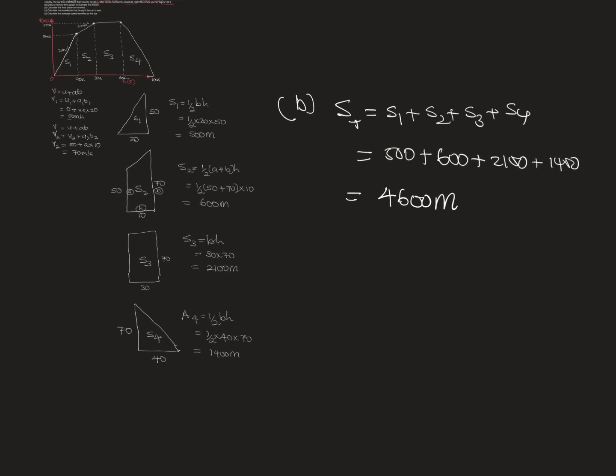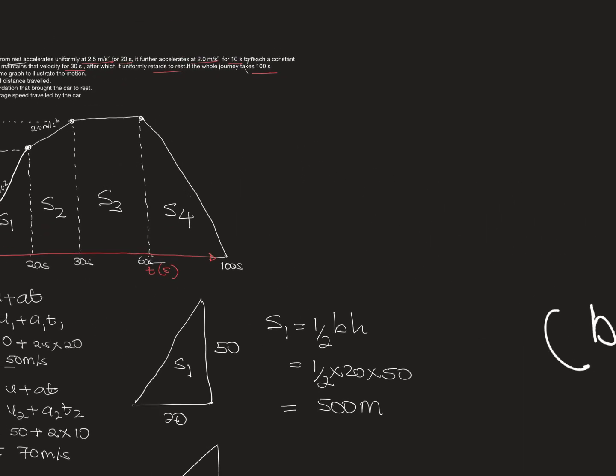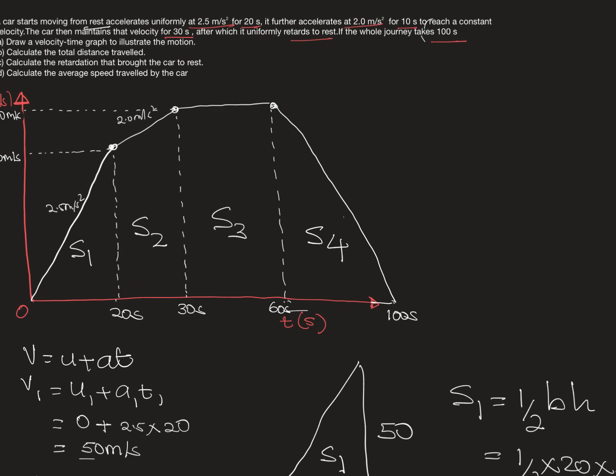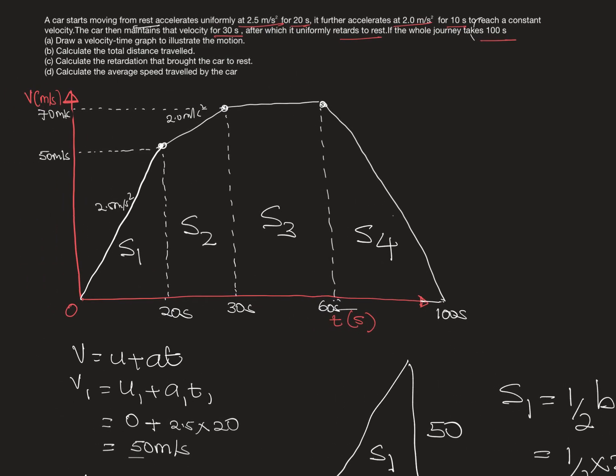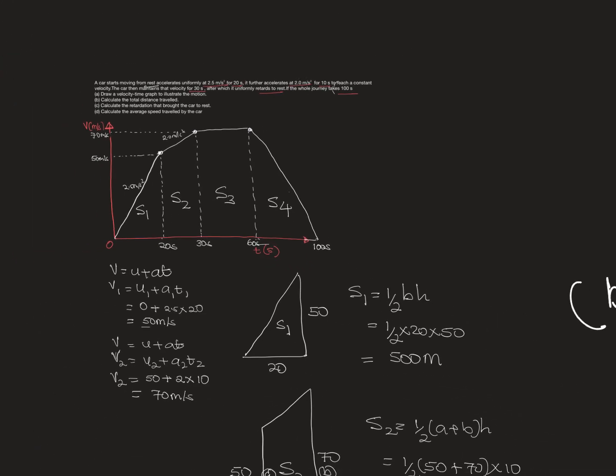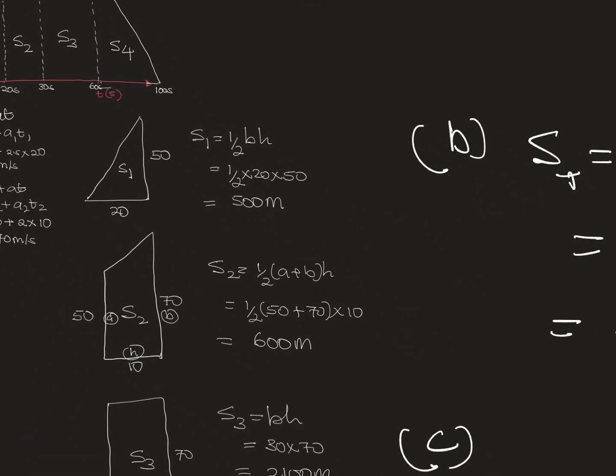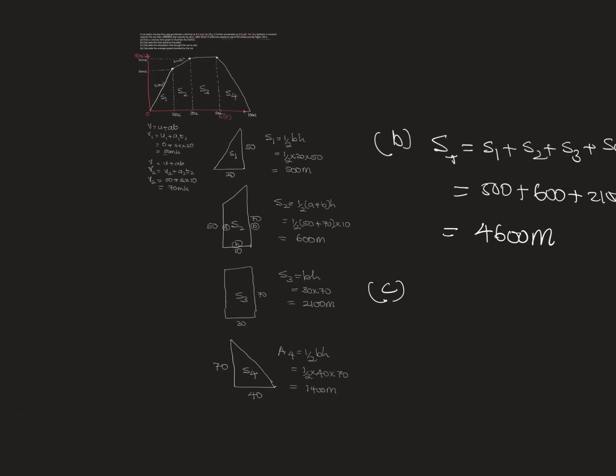So we move on to answer question C. Question C says calculate the retardation that brought the car to rest. So the retardation that brought the car to rest is what we're going to find. And how do you calculate that?